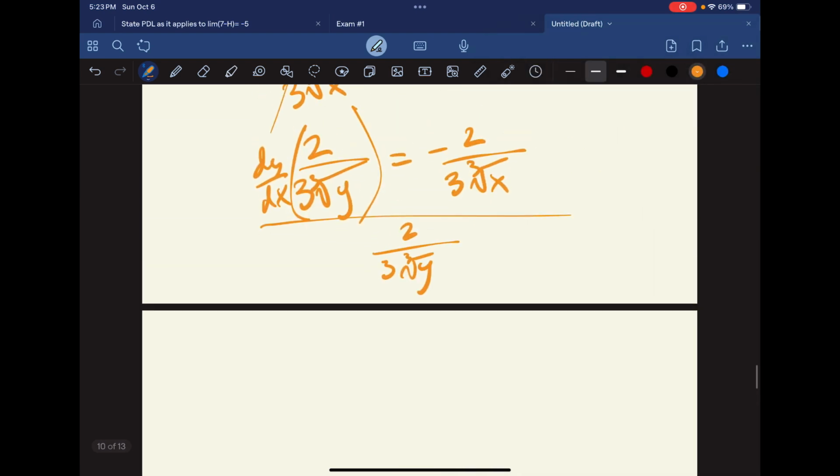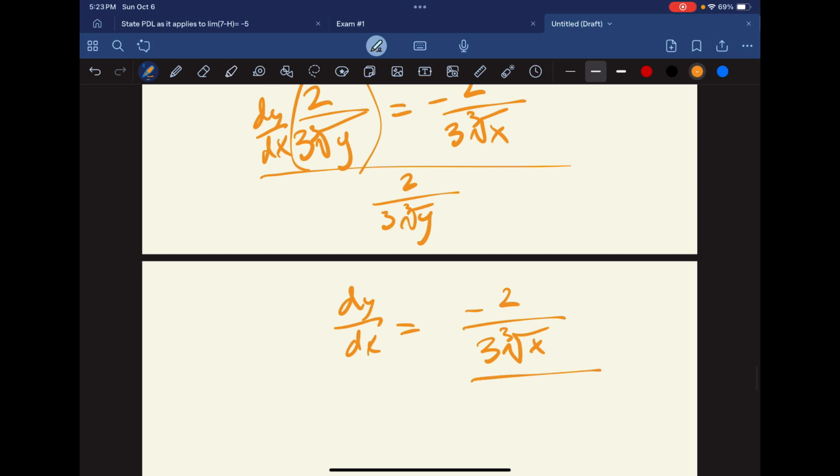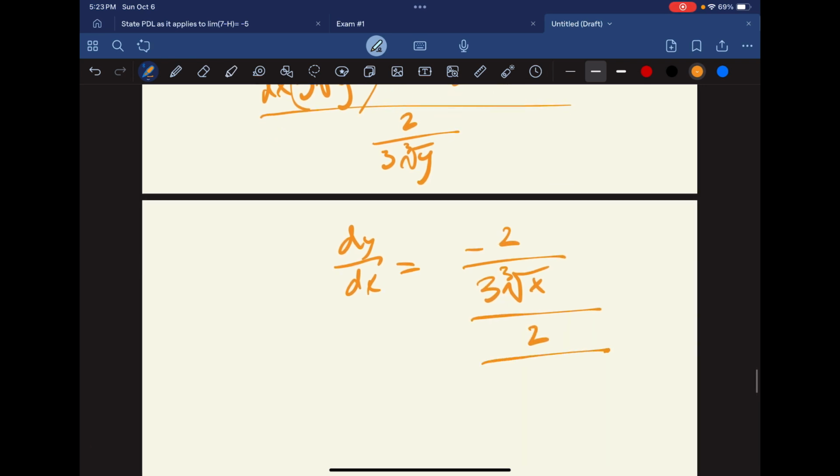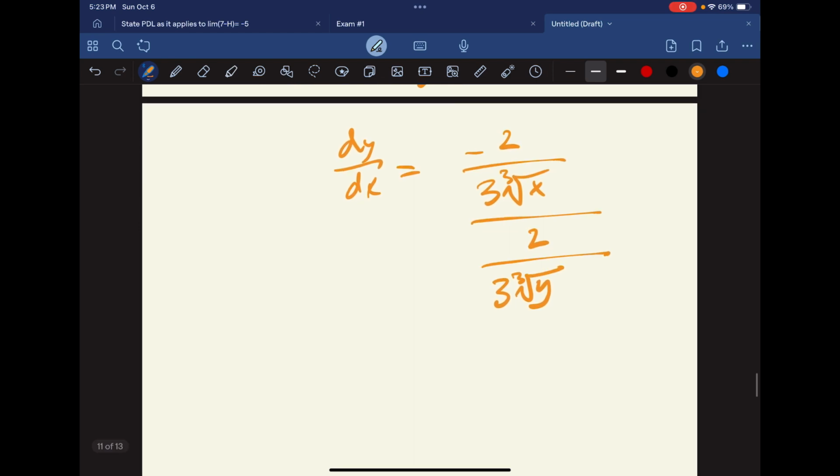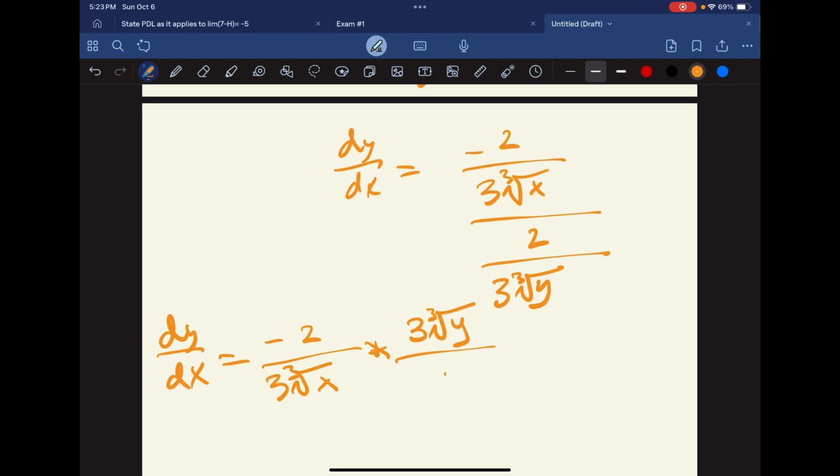And then when we do that, we're left with dy/dx equals negative 2 divided by 3 cube root of x, divided by 2 divided by 3 cube root of y. So we can flip this. dy/dx equals negative 2 divided by 3 cube root of x times 3 cube root of y divided by 2.